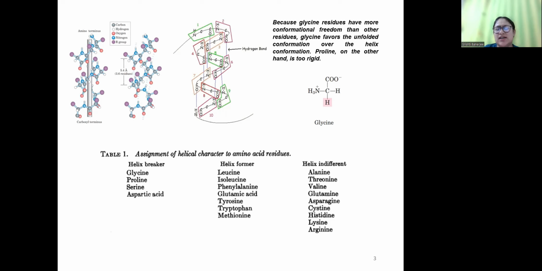I got this small idea from a paper which says which amino acids have a propensity to form the helix, or can break the helix, or are indifferent, like they don't matter whether they are present or absent, and the helix can easily form.